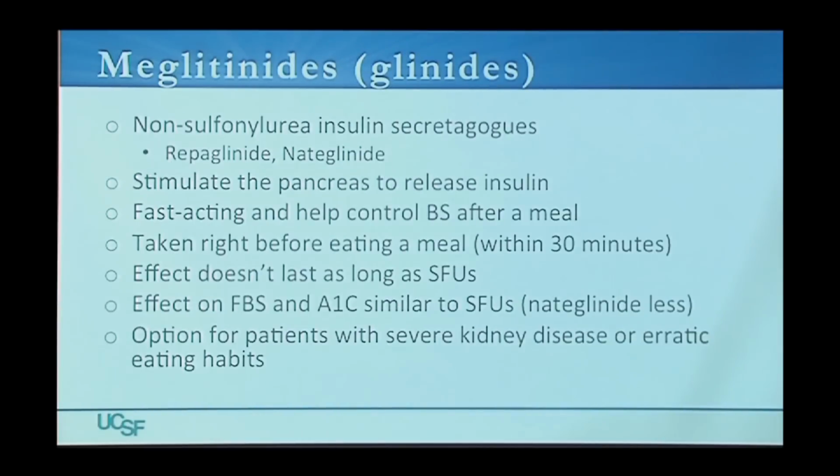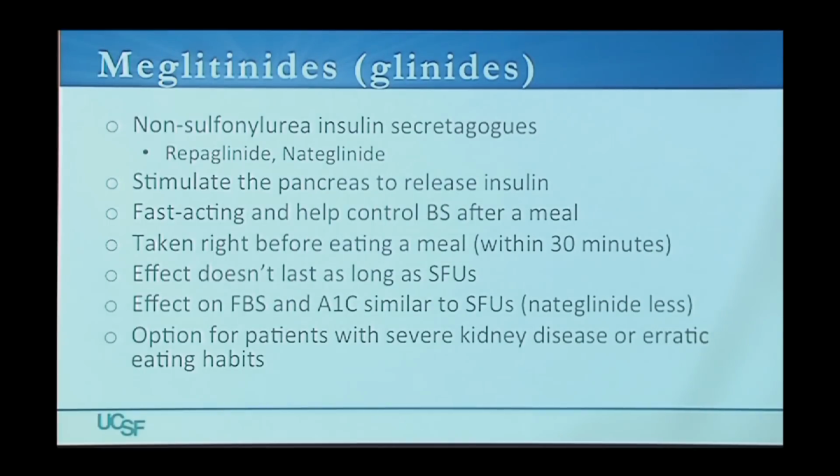So obviously a medication that increases insulin release, a side effect could be that it works too well and causes hypoglycemia. So that's a challenge, and so people need to be able to monitor their blood sugar. A very similar type of medicine to the sulfonylureas are called meglitinides or glinides.